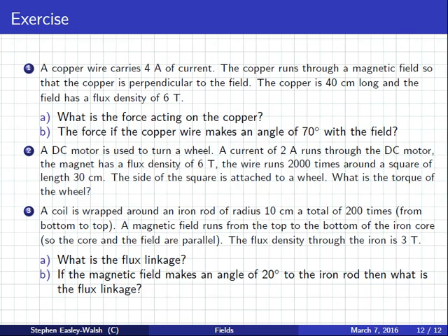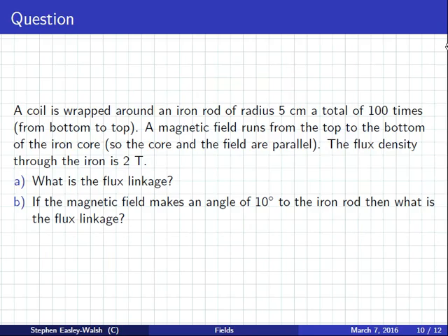The last question. The magnetic field. You draw the picture. Can I see your picture?